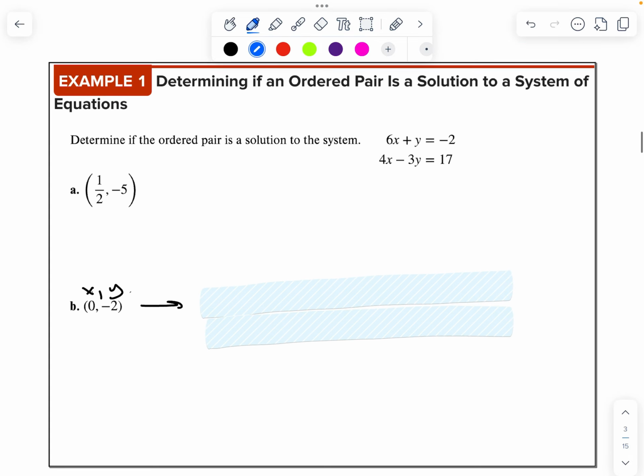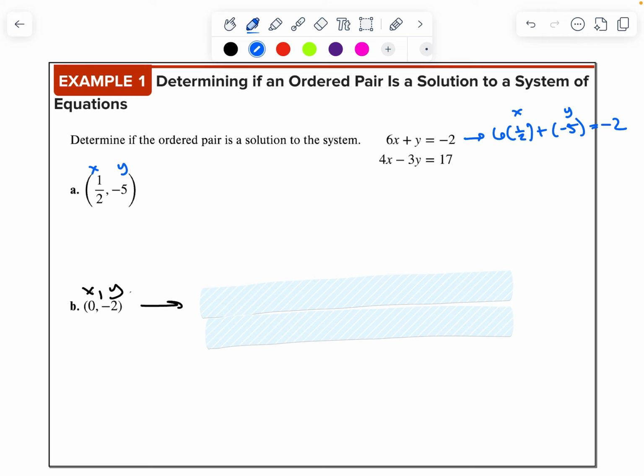All right, if we want to determine first just if an ordered pair is a solution, what we can do is just sub it back into the original equations. So it has to be a solution to both equations to be a solution. If I call this x and y, right? It's in that order, x and y, every time. For the first equation, I would have 6 times 1/2 plus -5 equals -2. Notice I subbed in x for x and y for y.